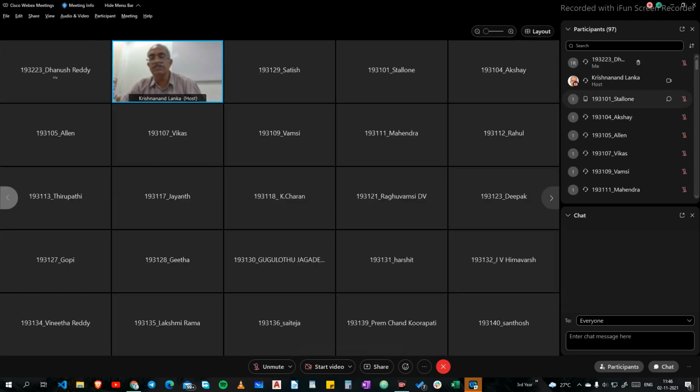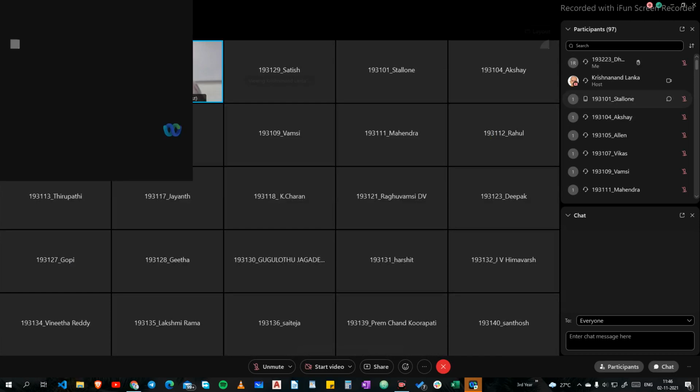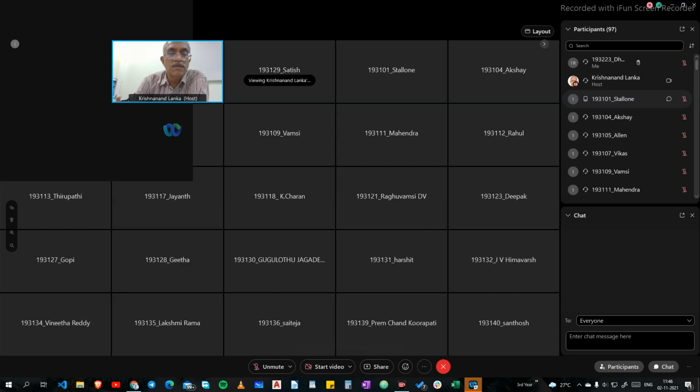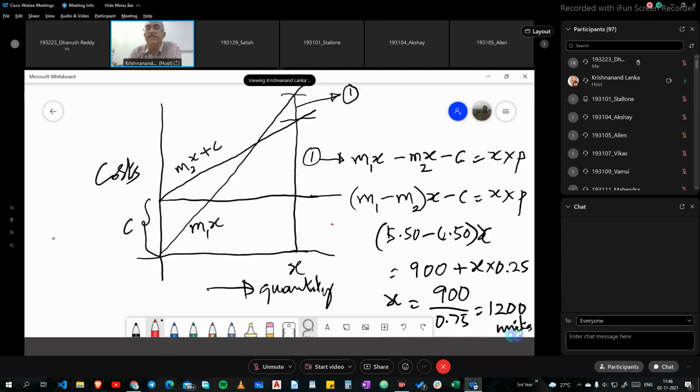So this is how we solve this problem. Those who are not able to understand. So here, what we are doing is, P here represents the average profit per unit.